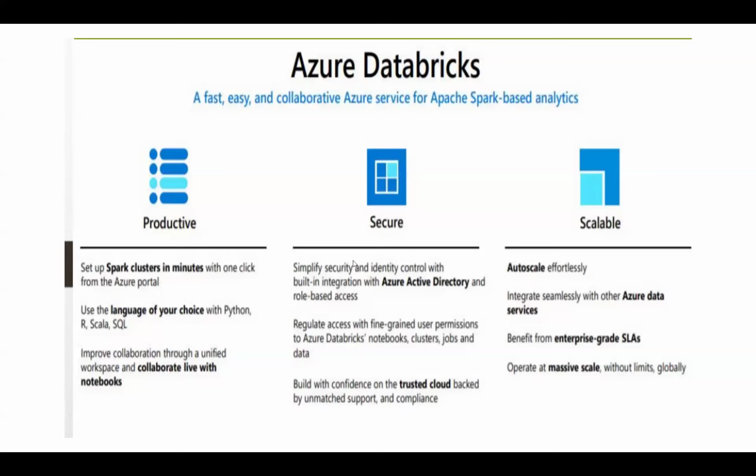the second thing is we can apply security at different levels. It has integration with a feature called Azure Active Directory. Using this Azure Active Directory authentication, we can create users or user groups, and assign different roles to different users.